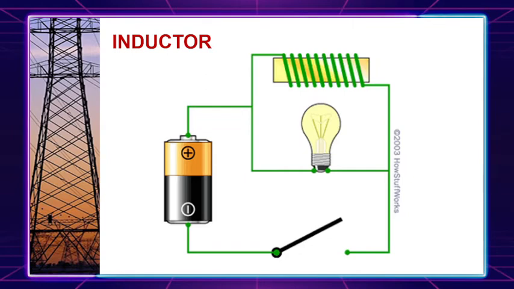When the switch gets opened, the magnetic field around the coil keeps current flowing in the coil until the field collapses. So this current keeps the bulb lit for a period of time, even though the switch is open. So in other words, class, an inductor can store energy in its magnetic field, and an inductor tends to resist any change in the amount of current flowing through it.